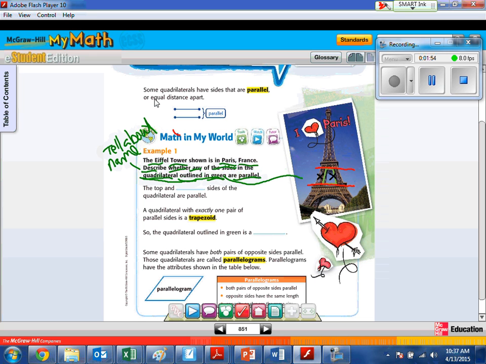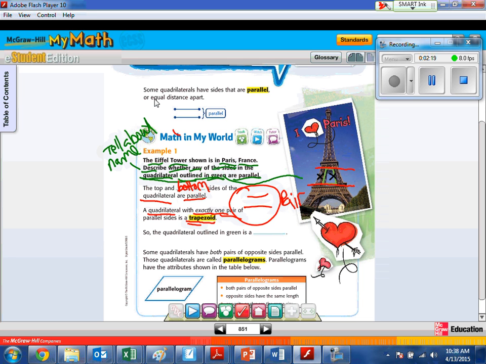If they keep going that way, they are never going to cross. So the top and bottom sides of the quadrilateral are parallel. And we find that a quadrilateral with exactly one pair, I mean, when I say one pair, I mean 1, 2, here's our pair of parallel sides, is a trapezoid.